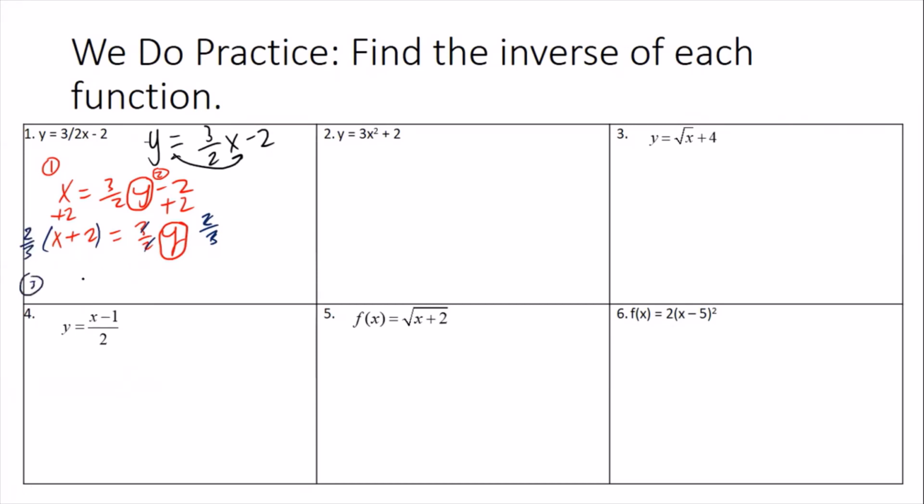So step 3 is to rewrite it. So we have the inverse equals, and you can distribute it or leave it as is. I really don't care. So you have 2/3 (x plus 2), or you can write it as 2/3 x plus 4/3.